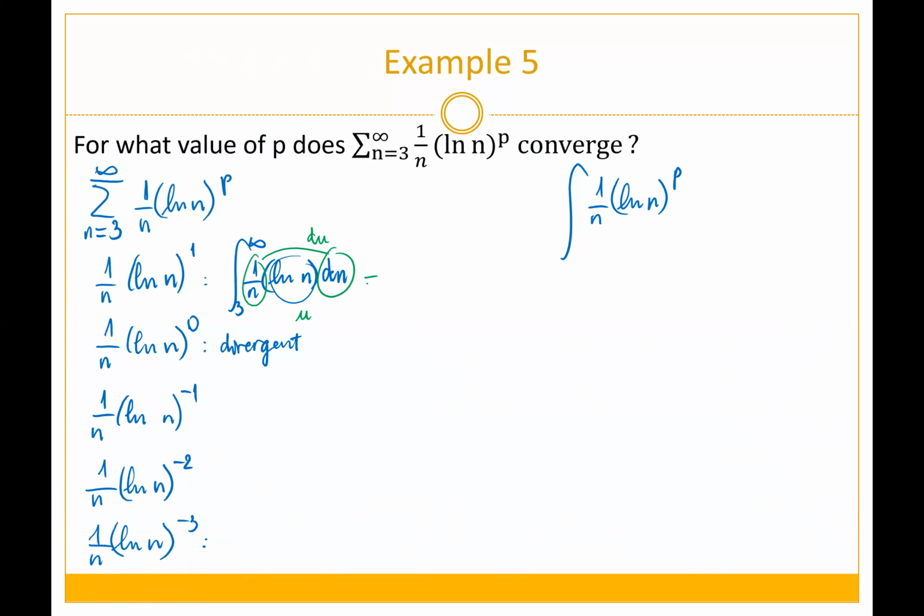So you're going to have the integral of u du, which gives us u squared over 2 from ln of 3 to ln of infinity, and clearly this is going to give us infinity. So what I'm saying here is that when you have p positive and you try to find the integral, it's going to lead us to divergence.